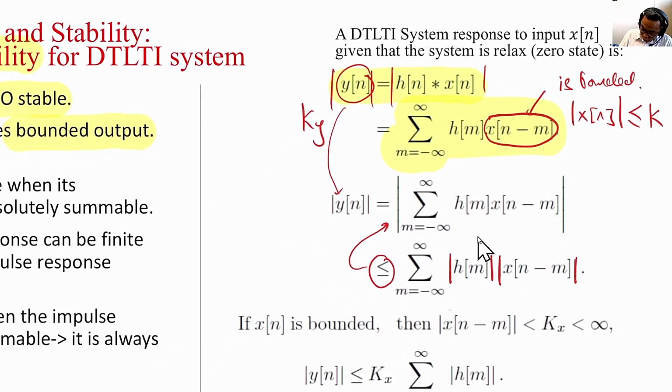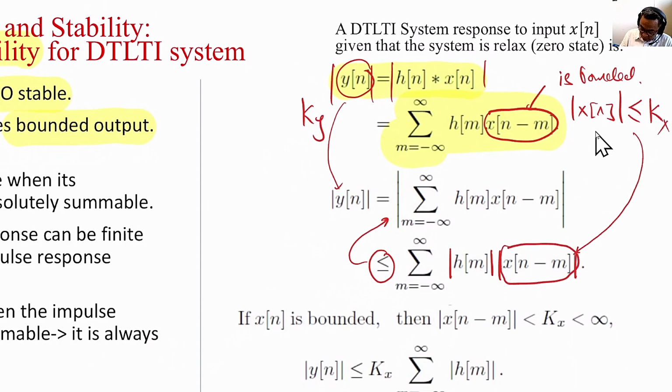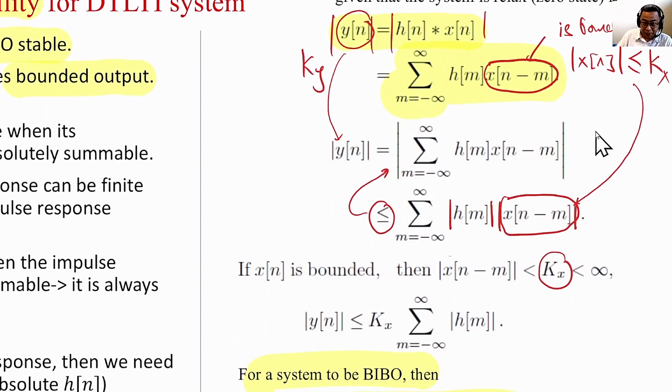Remember then, we are told that the input is bounded. So we substitute kx to represent the largest value that we can ever observe in the sequence x. When we substitute this as kx, we realize that the only thing affecting the output is the absolute value of h of m.